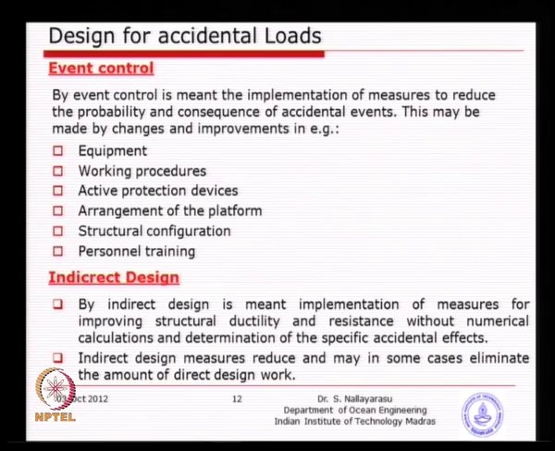Event control is basically working procedures, selection of equipment, active protection devices like alarms and systems, arrangement of the platform from safe to unsafe in decreasing order of risk, and then structural system configurations designed in such a way that even if one area is under fire and that part of the structure collapses, the remainder of the structure is stable.